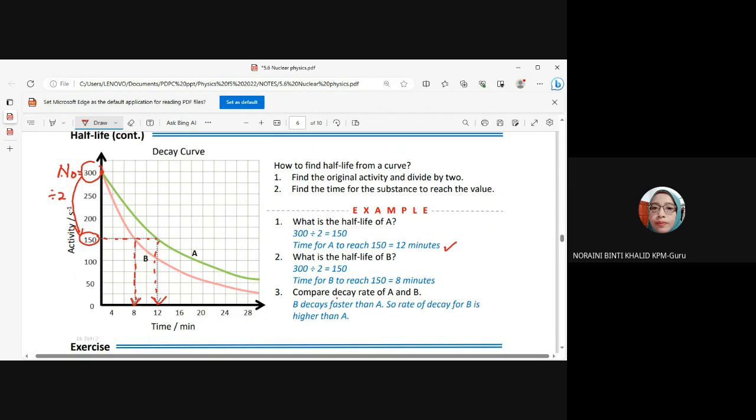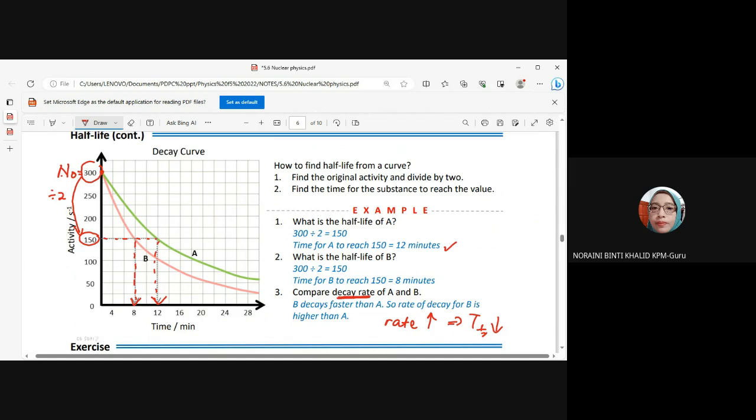Compare the decay rate of A and B. B decays faster than A. So the rate of decay for B is higher than A. Just look at the half-life. The rate is higher if the half-life is shorter. It decays quickly, its activity reduces quickly, because it has a short half-life.